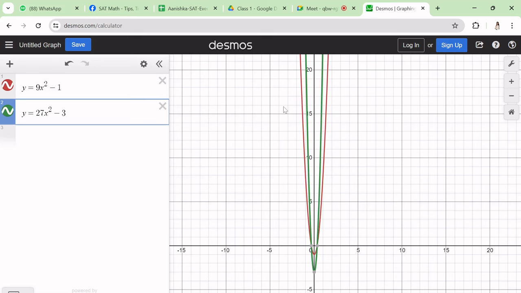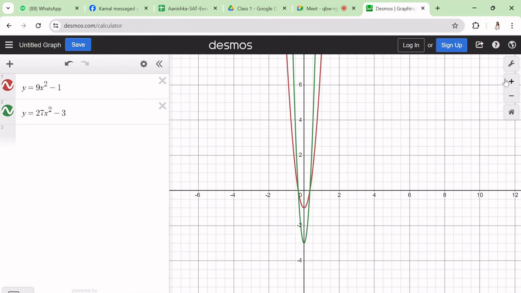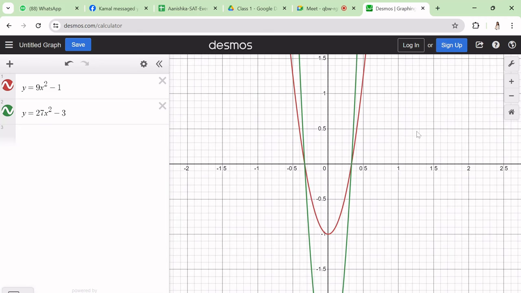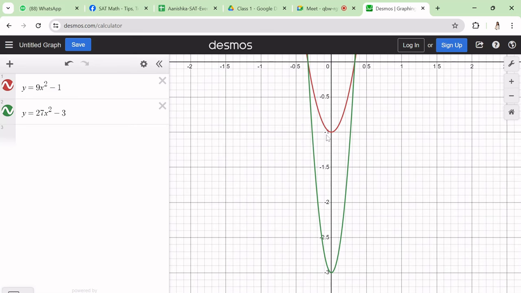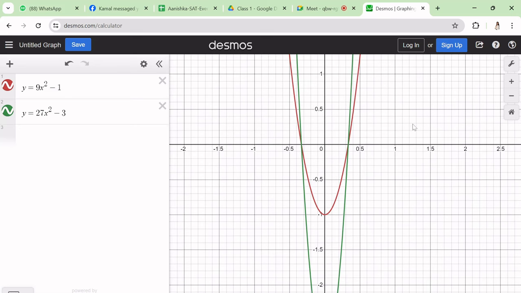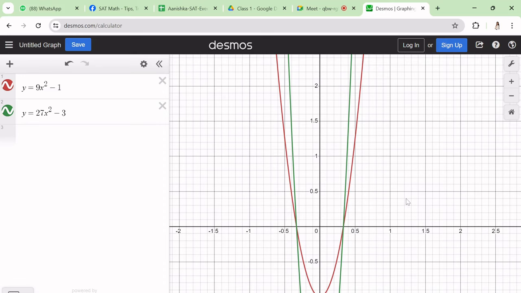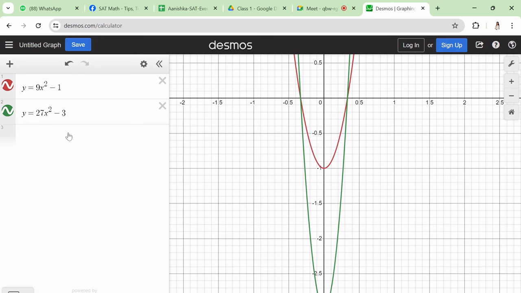So the parabola has shrunk, the green one. That's what that 3 is doing. But both parabolas have the same points of intersection with the x-axis, positive one third and negative one third. The solutions are the same, but the graph is not the same, and the minimum value is also not the same. For the red one the minimum value is negative 1, and for the green one it is negative 3. Every point gets multiplied by 3 basically.